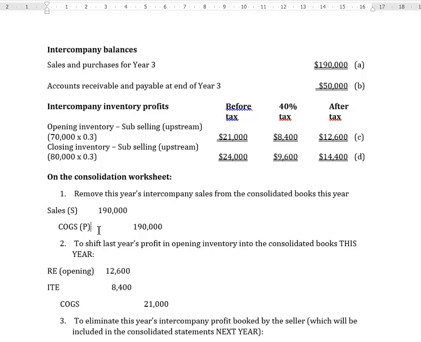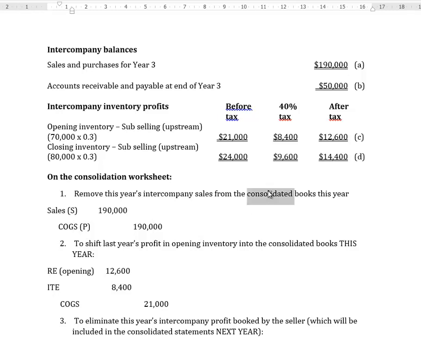And don't forget, when the parent buys the goods, they put them into inventory or purchases, and that would increase their cost of goods sold, because cost of sales is beginning inventory plus purchases less ending inventory. So if it's in purchases, the cost of goods sold would need to come down by that amount because you've included it in purchases, which is part of cost of sales. And because it's not to a legitimate third party, you have to remove it for consolidation purposes.